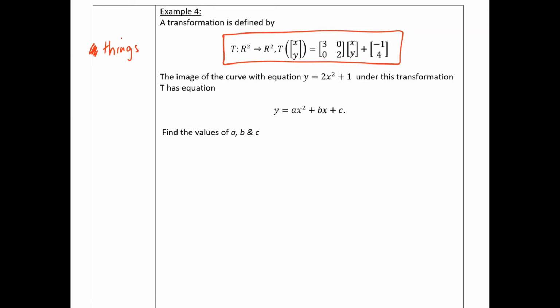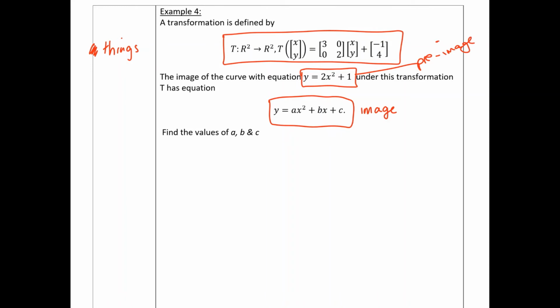There is a transformation. The image of the curve with this equation under that transformation is that. So this is my image, and so the pre-image is here.